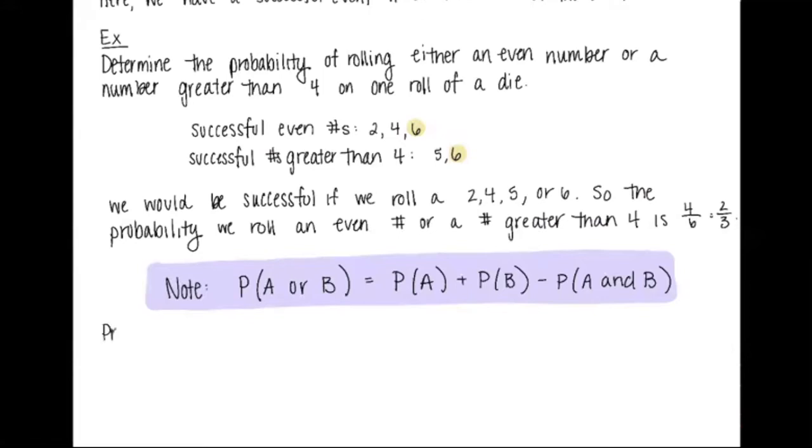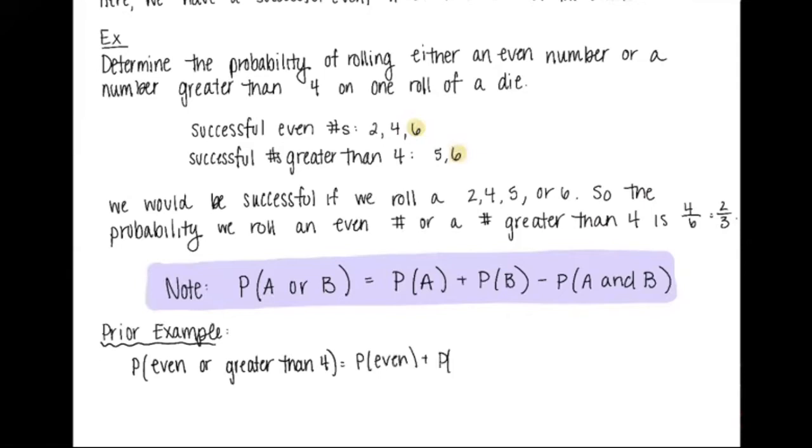So from the prior example, fitting it into this formula, the probability that it's even or greater than 4 is equal to the probability the number is even plus the probability it's greater than 4 minus the probability it's even and greater than 4.